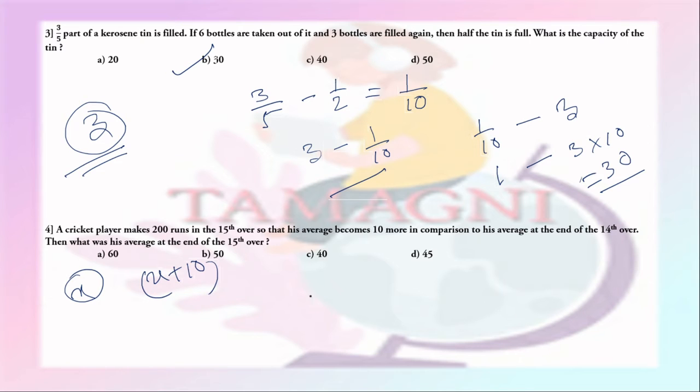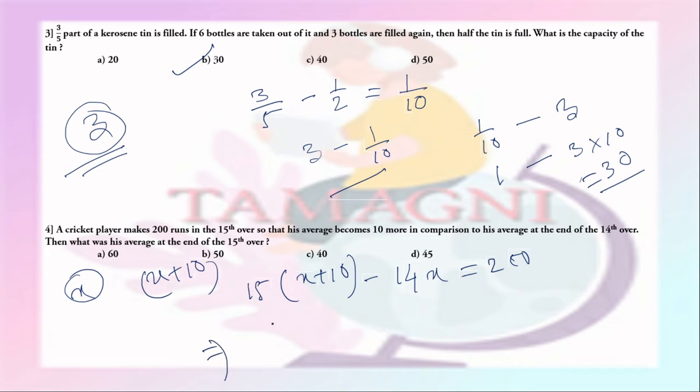Now the total run at the end of the 15th over will be 15 into x plus 10, and the total run after the 14th over is 14 into x. Now the difference between these two will be 200. Why? Because in the 15th over he made 200 runs. So this difference will be 200.